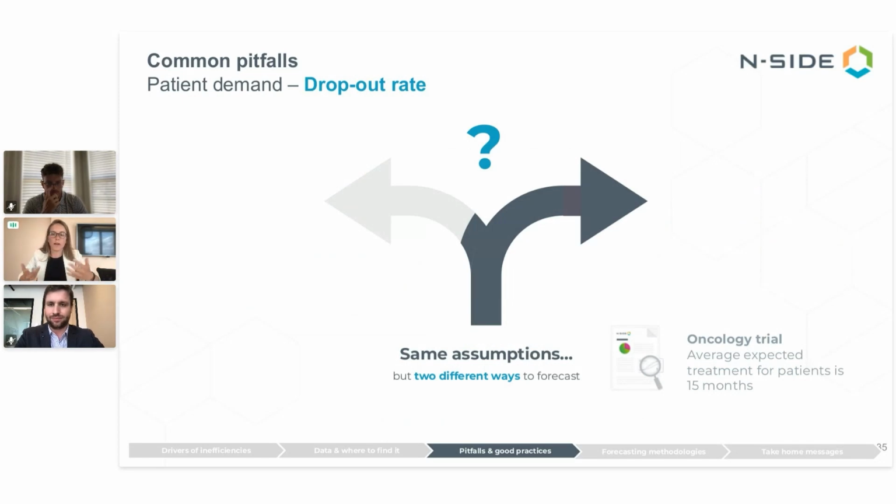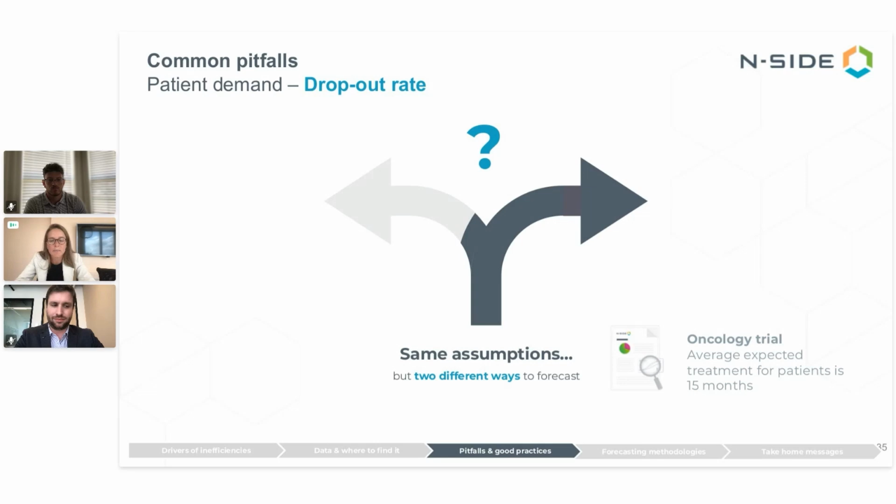So we had to find ways to forecast, of course, and you might also have been in a situation in the past where we have to work with averages. In this case, for example, we had a study where the average expected treatment for a patient was 15 months, and there are two ways to consider that.